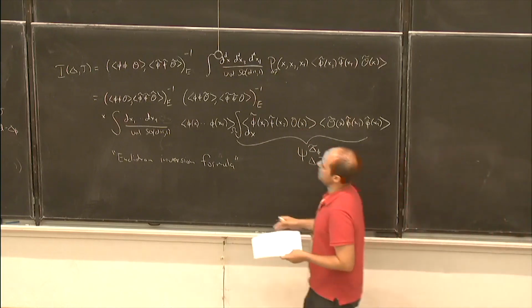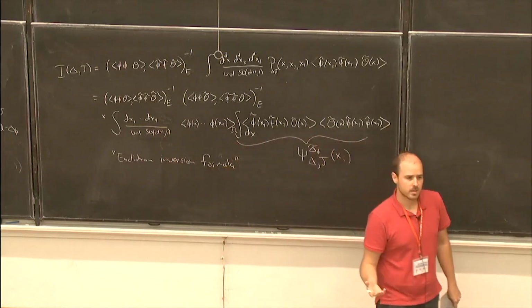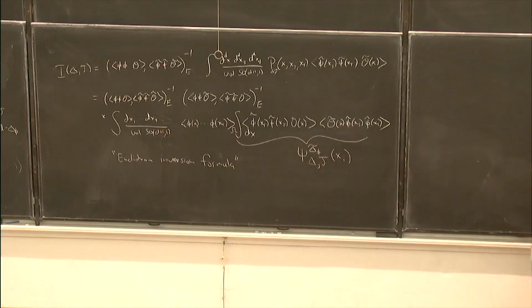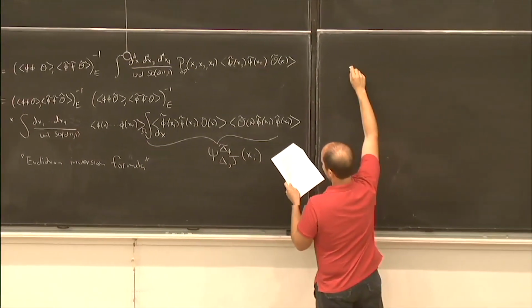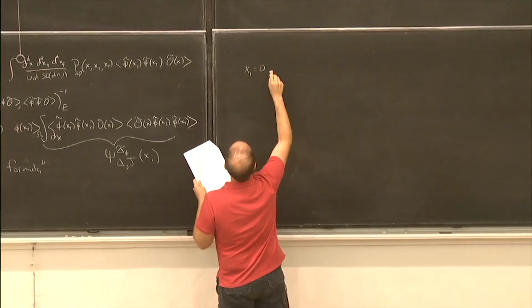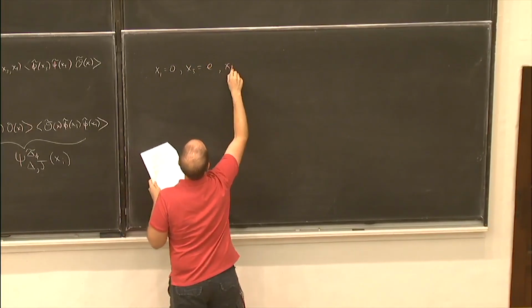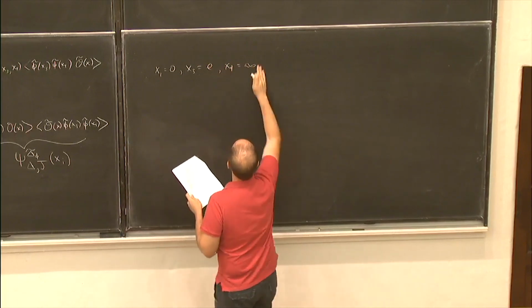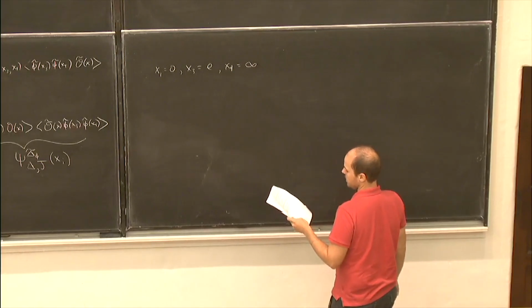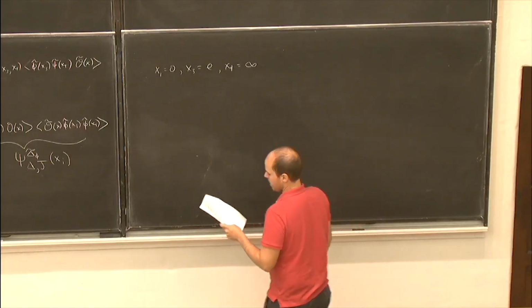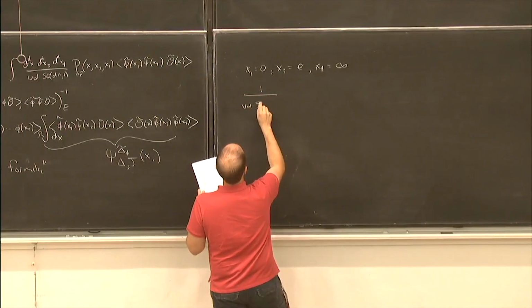Remember, quotienting by a non-compact group means we really have to gauge fix and insert a Faddeev-Popov determinant. Let's do the same gauge fixing that we did last time for a 3-point function. Let's fix x1 to 0, x3 to a unit vector e, and x4 to infinity. For the moment, we will leave x2 ungauge fixed. When we do this, we have 1 over the volume of the stabilizer group.